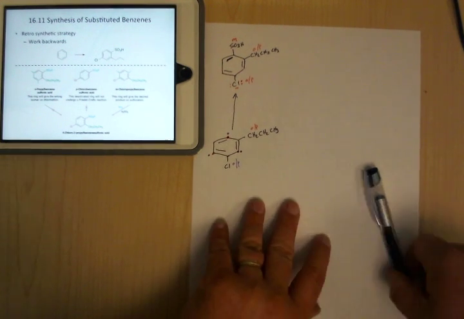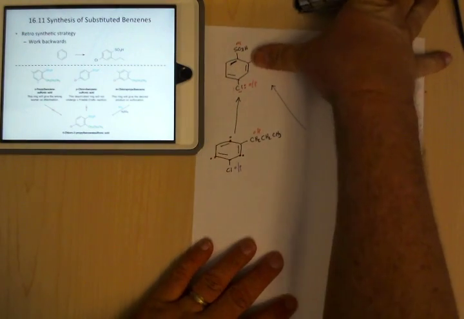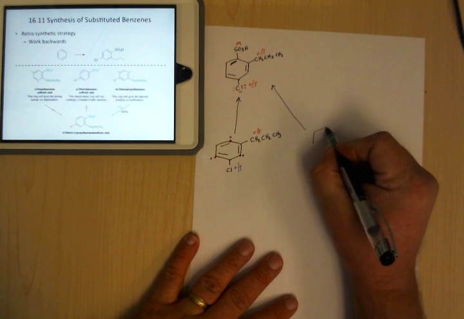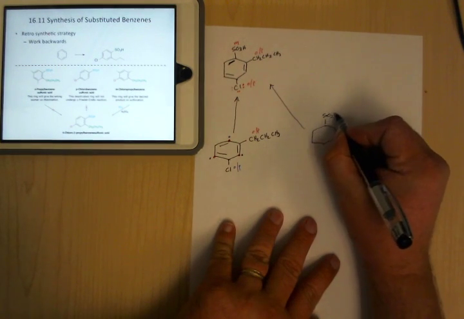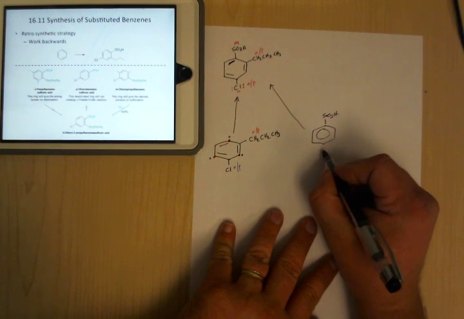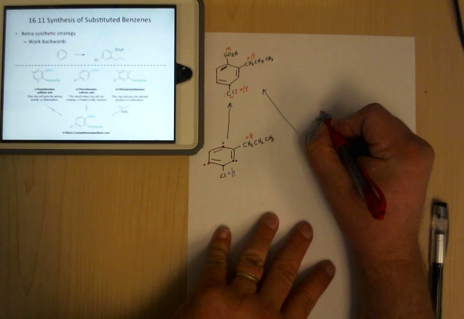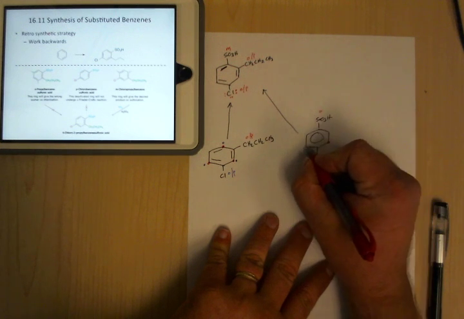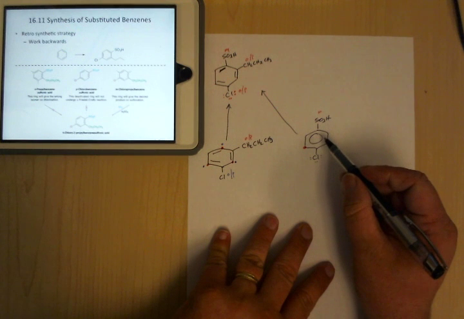But we got lucky on the first one. What would happen if instead we started with this compound, with Cl? This one is a meta director, so it would want to go here and here. What about this one?